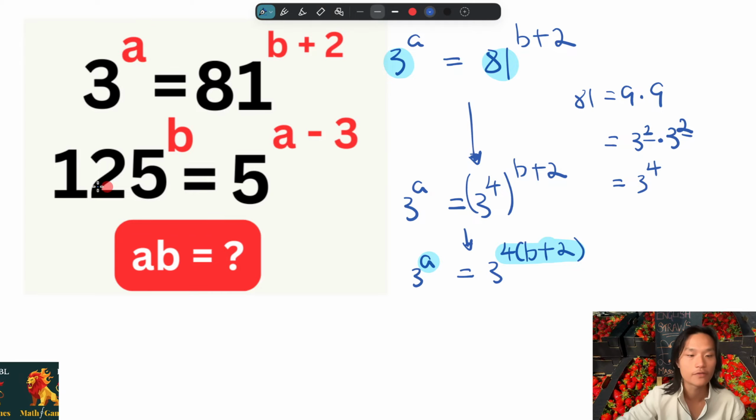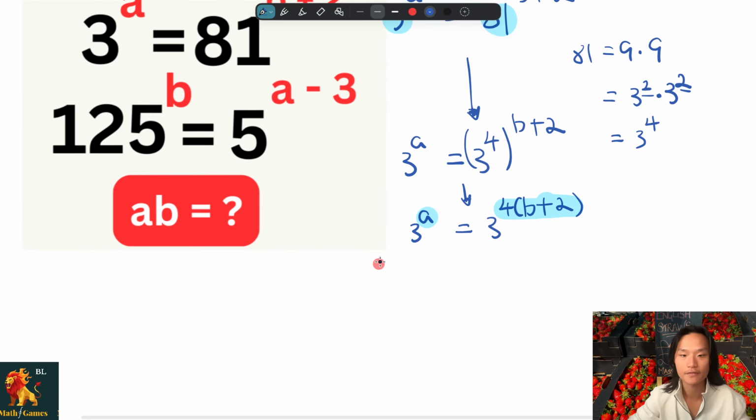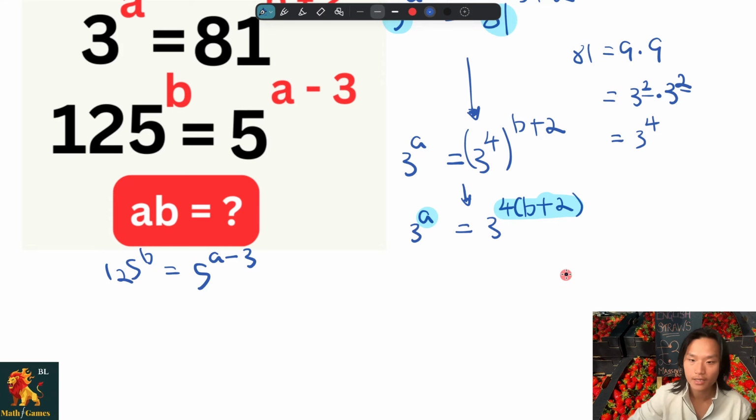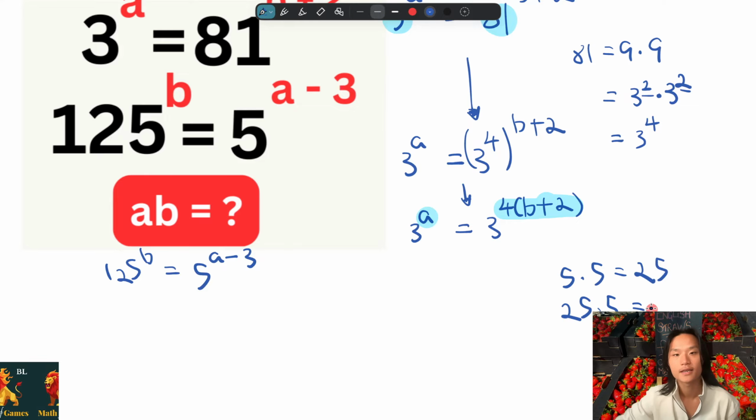Once again, we want to think about the relationship between 125 and the number 5. So we have 125 to the power of b equals 5 to the power of a minus 3. And we know that 5 times 5 is 25, and 25 times 5 is 125.